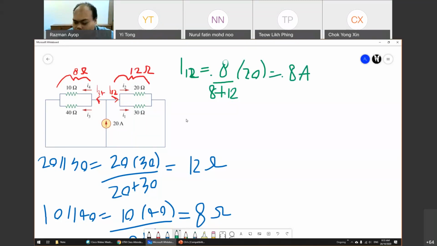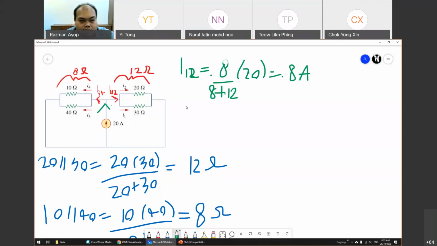So same here, you can use either current division rule, or you can use Kirchhoff current law. If you use Kirchhoff current law, this one goes into the node, this one goes out.